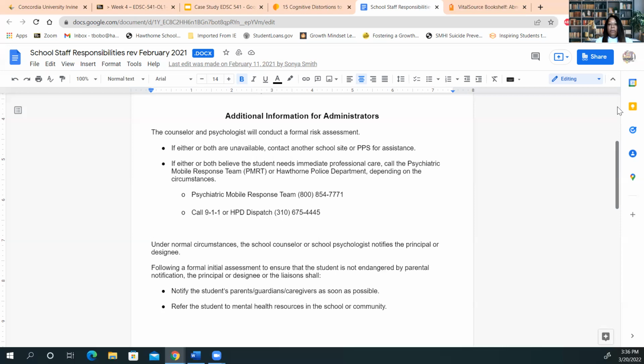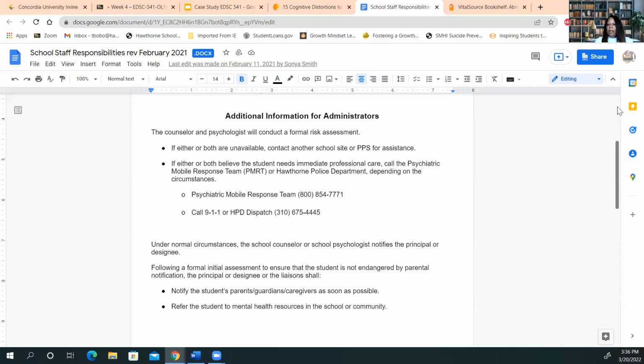Make sure that the parents are aware that they're not to leave the student alone, and that the student doesn't have access to any guns or weapons or any way of hanging themselves or causing additional harm to themselves.